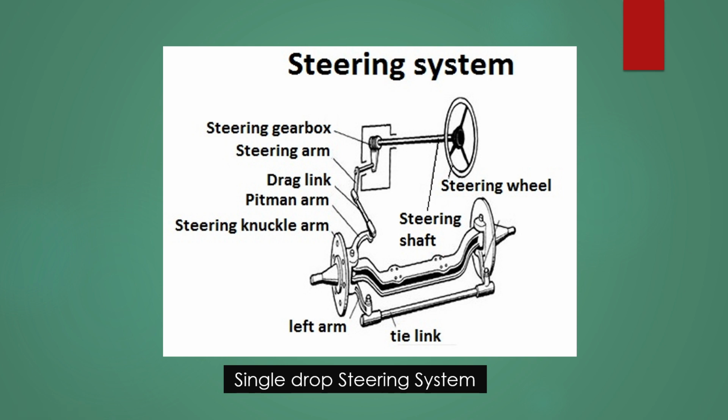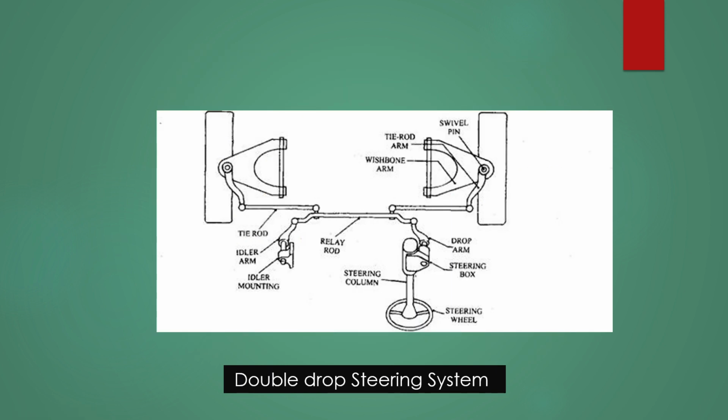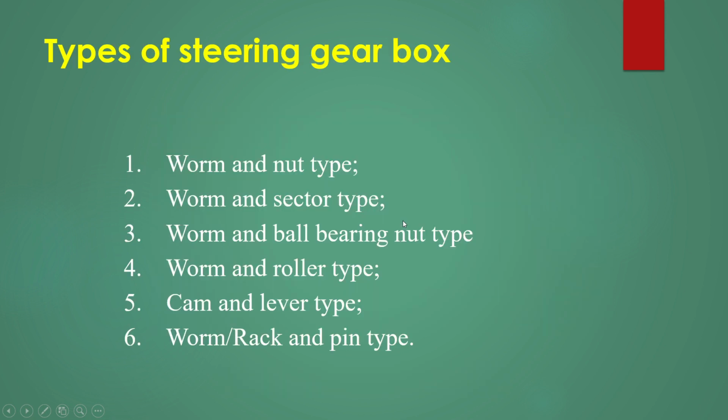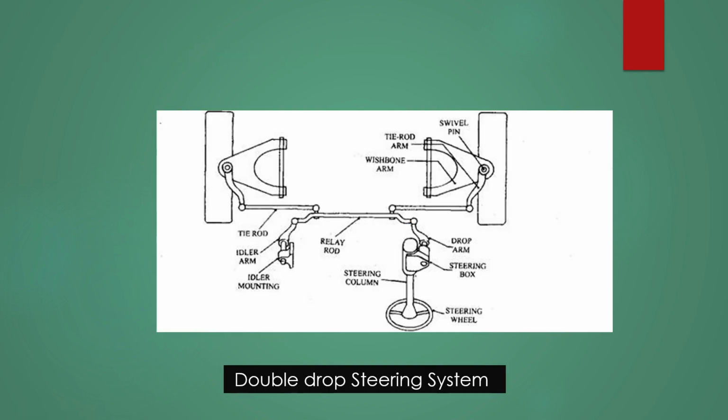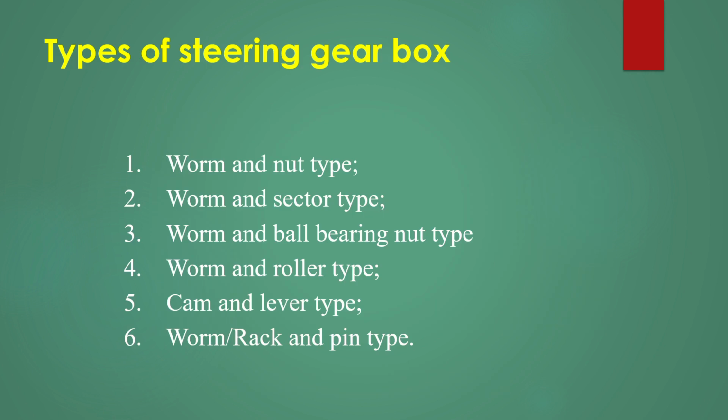Instead it will have two sets of steering arm, two sets of drag link, two sets of pitman arm. So that is how the double drop system works, the two sides are taken separately. Okay, so that is the single drop system and the double drop system.